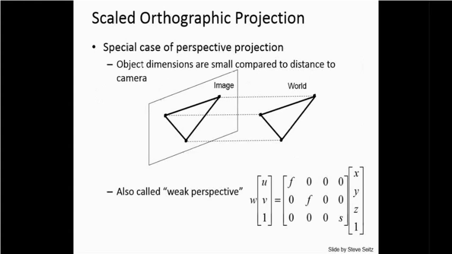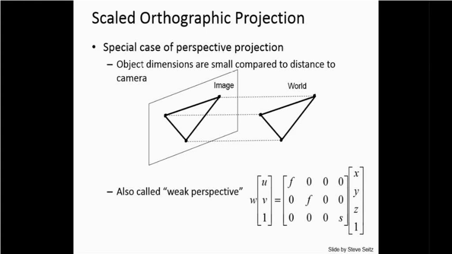And one other case that is worth noting is something called scaled orthographic projection. You might sometimes hear about an orthographic image, which is if you have a view from the air onto the ground, and you just have the ground laid out like a map where everything is just a scale, and you don't have any perspective.